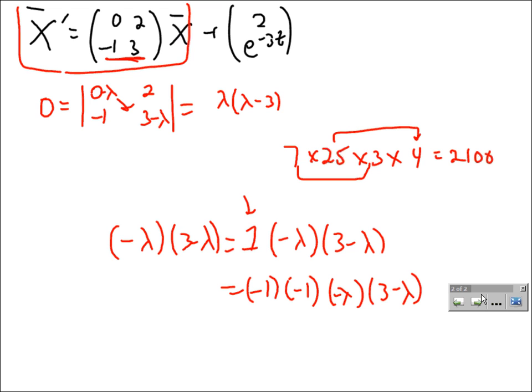You can multiply in any order you want. Well, I want to multiply those two, which gives me lambda. Like I multiply those two and it gave me 100 times 21. And then I want to multiply that result, like the 100, by that product, which is lambda minus 3.